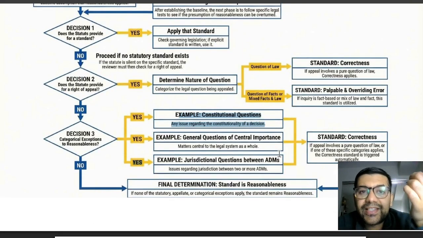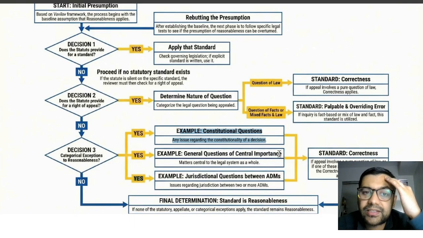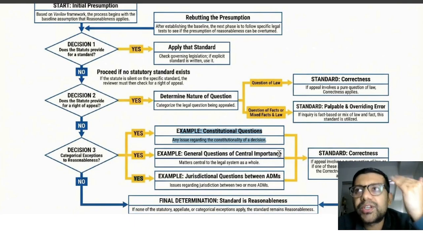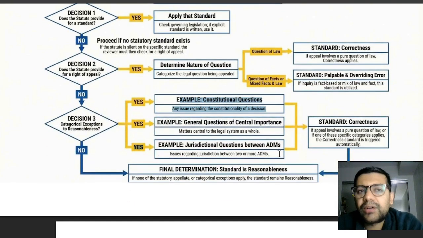So even though you will see that as part of reasonableness too, you can see that as part of correctness here. So that one question will cover two concepts, and it depends on the question. We'll cover questions at some point for administrative law as well.